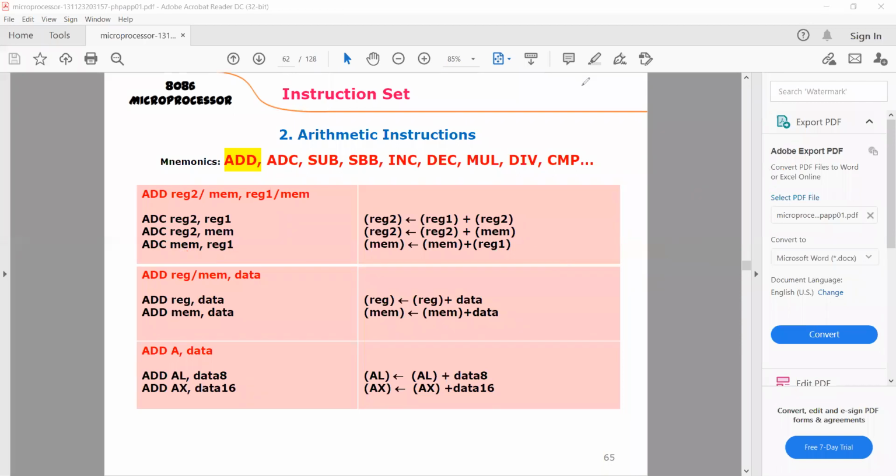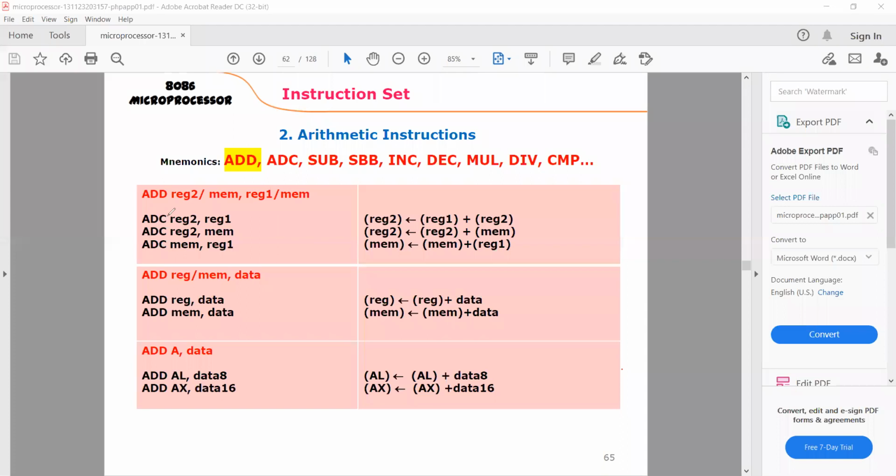Let us move on to the next thing here. This is about ADC. And I think this is only ADD. This is a printing mistake here. Just a minute.